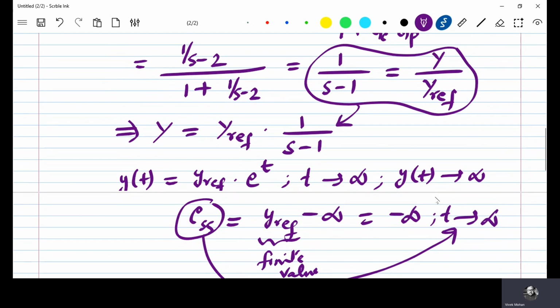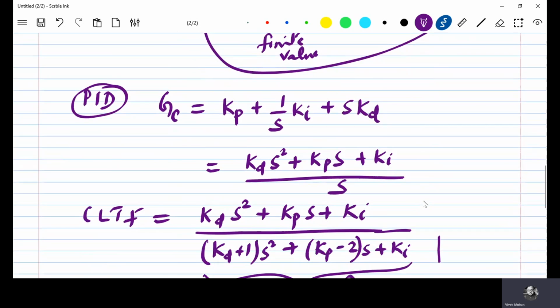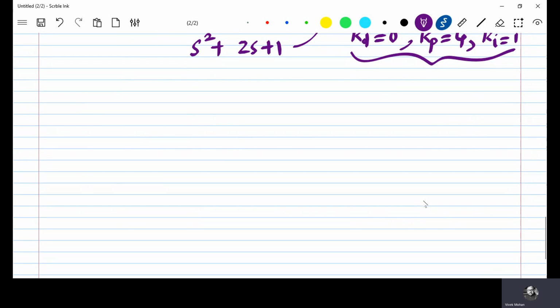Having the same plant transfer function, we used a different controller to stabilize the system. Now, if the system is unstable, we can manipulate this condition by using compensators and controllers. We have done it. If the system is stable, then we can get the desired performance by changing the gain K.